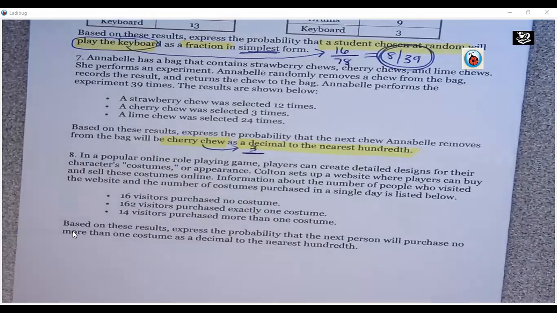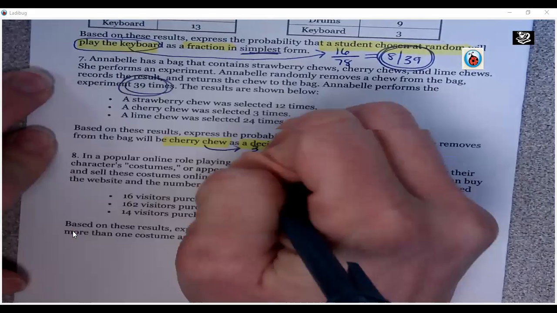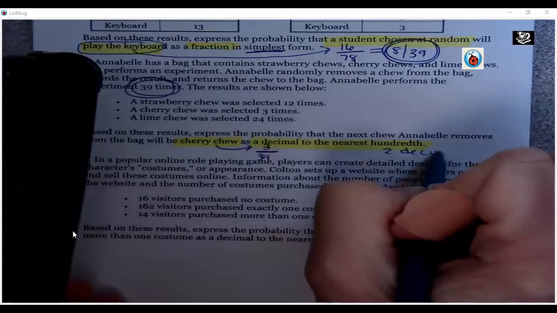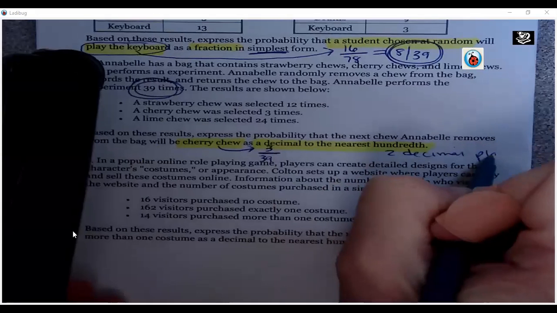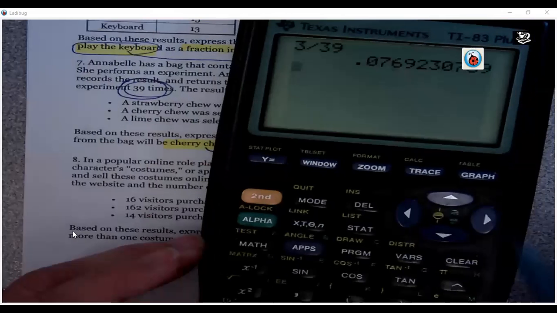36. Close. 39. All right, so 39 is your total. So I need to do a decimal to the nearest 100th. So that's 2 decimal places. So let me put this in my calculator. 3 over 39. We'll go 2 decimal places.